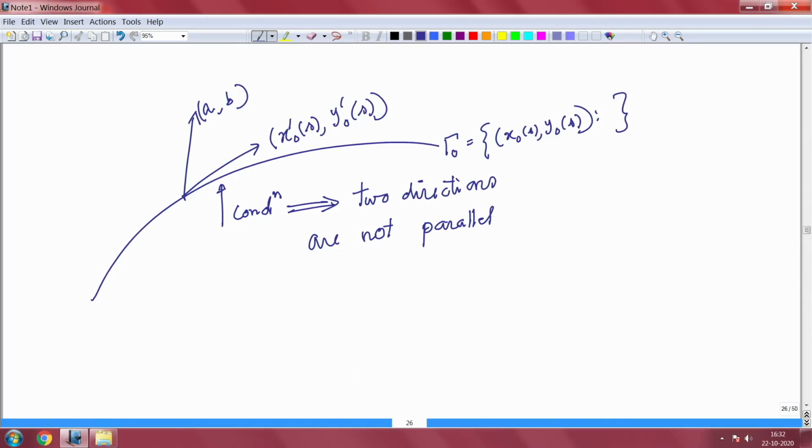That means gamma naught should not be a characteristic direction at any point, because A, B gives you the direction of the characteristics. So the condition is precisely that gamma naught has to be non-characteristic.